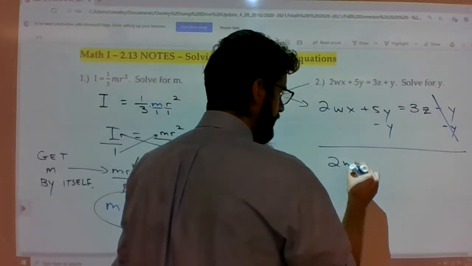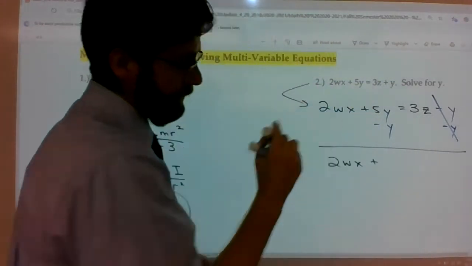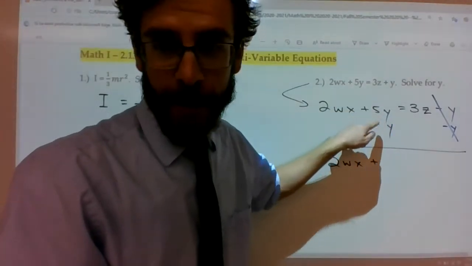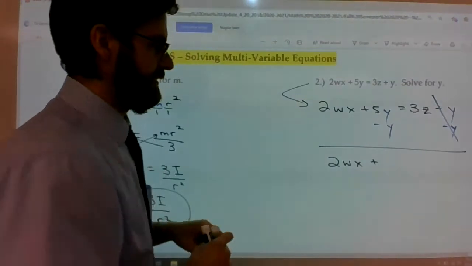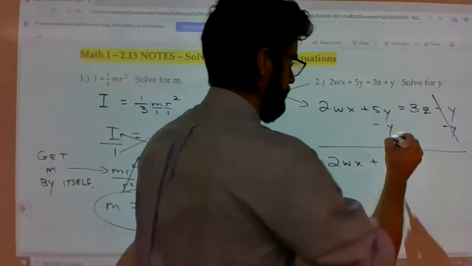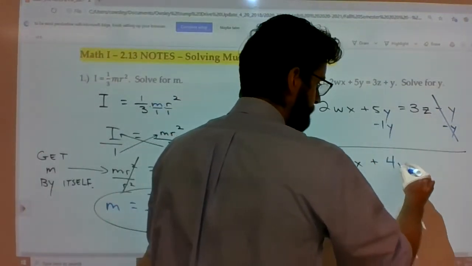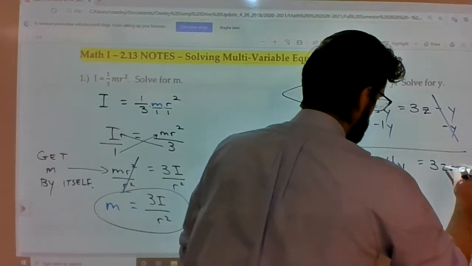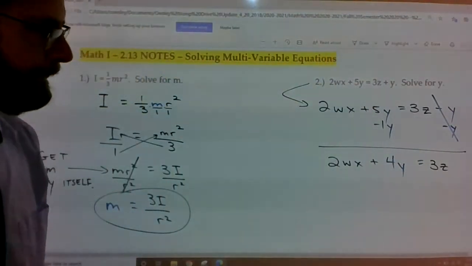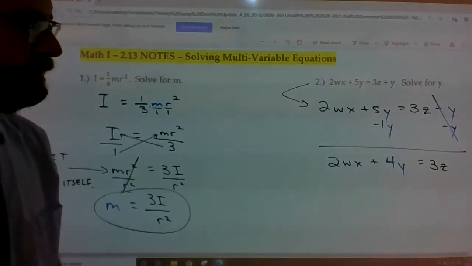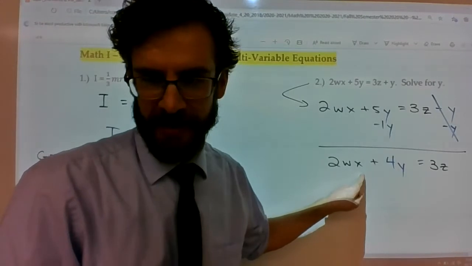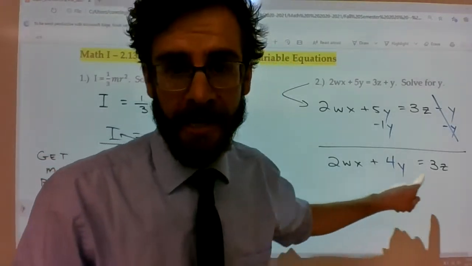So 2wx plus, now here's the interesting part. You can actually take 5y minus y, because they're like terms. So this will give me 4y equals 3z. Now, I know that wx does not combine with 3z.